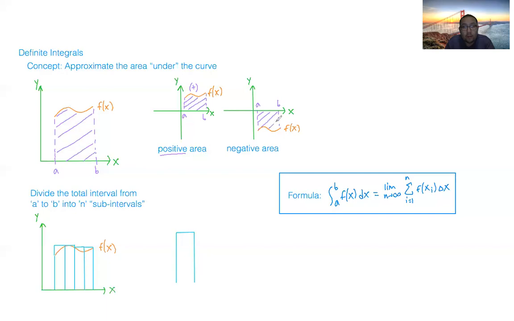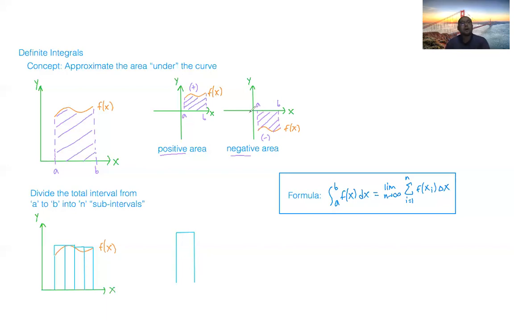And so really the area under the curve will always be the white space or the area between the curve of your function and the horizontal x-axis. In this case, this is going to be considered a negative area because it is under the horizontal x-axis. So this is going to be negative. So keep that in mind when you're doing your calculations.